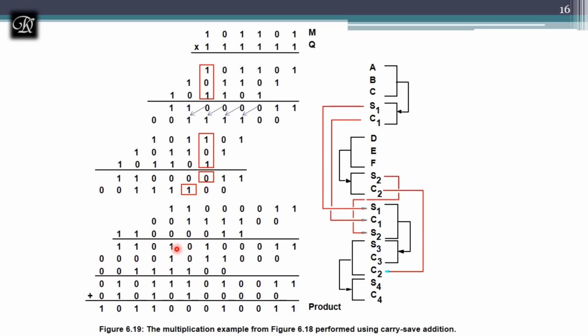And 1, sum is 1 and carry to the next level is 0. And 0 and 0, sum is 0, carry to the next level is 0. And 1, it is 1 and carry to the next level is 0. And 1, it is 1 and carry to the next level is 0. Now I found S3 and C3.